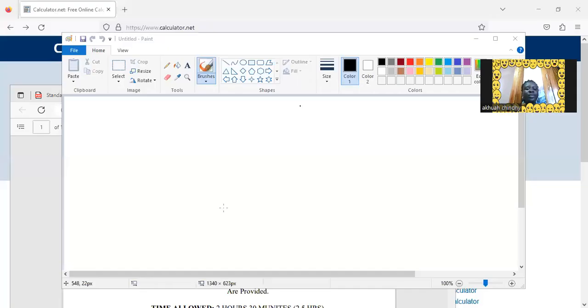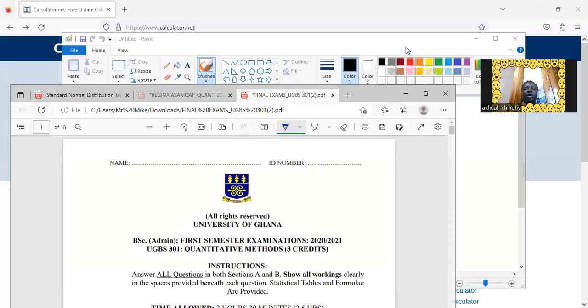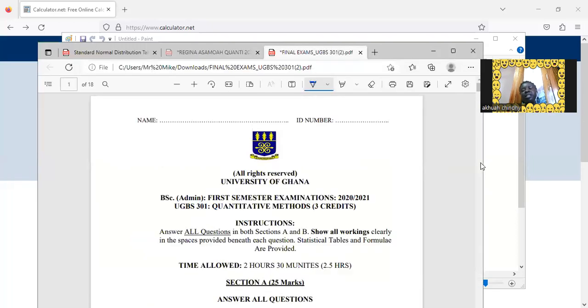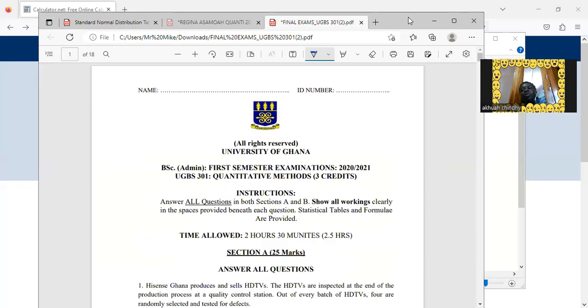All right, everybody. So, what is the question? All right, so I want us to solve some questions, obviously under quantitative methods. Without wasting much time, let's see some of the questions and how we'll go about it. Some of them have shortcut ways of using the calculator to solve them.